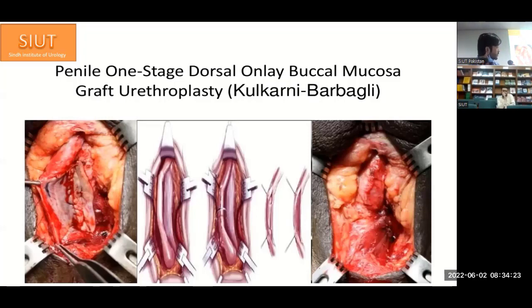Basically the urethra is mobilized completely, and we give the incision at the stricture site on the dorsal surface, then apply the graft on the dorsal aspect at the corpus cavernosum, and then attach the urethra to the graft. So this is dorsal only BMG urethroplasty. If we do it in the bulbar urethra, it is called Barbagli urethroplasty.